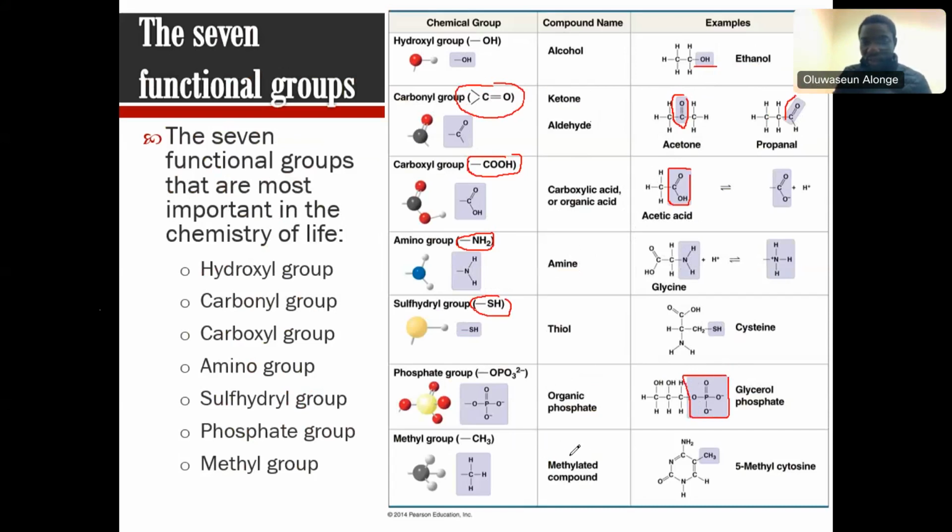All right, then you come here, you see methylated compounds. It simply means any compound that has methyl, which I told you earlier. The formula that produces methyl is CnH2n+1.